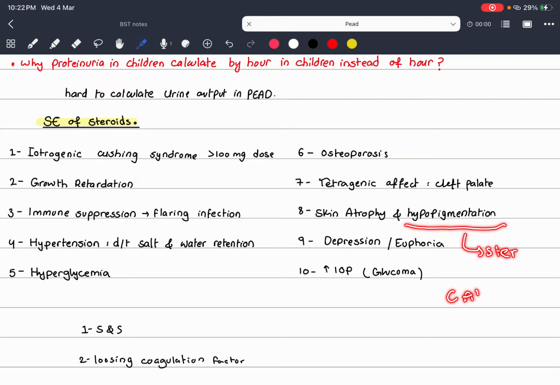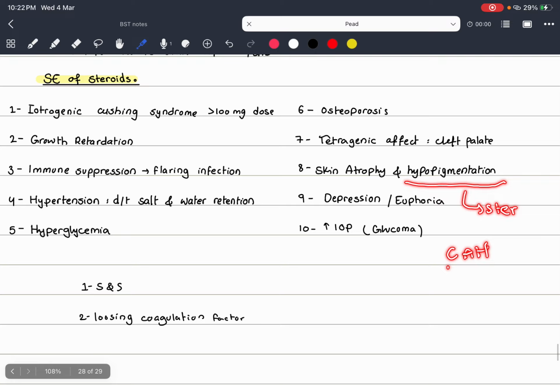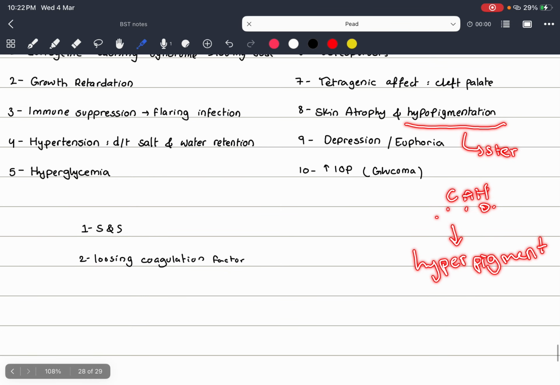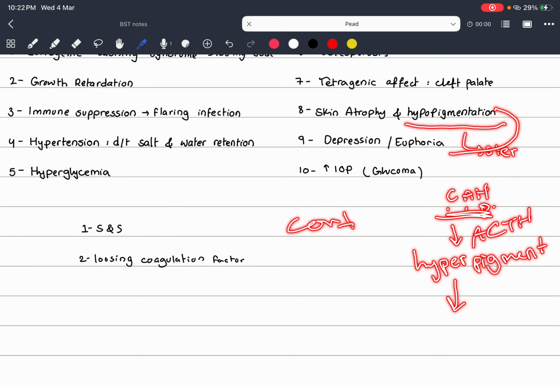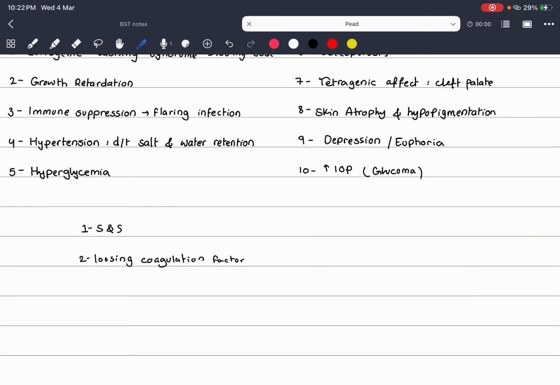A child may present with CAH, congenital adrenal hyperplasia, with symptoms showing hyperpigmentation, because his ACTH is very high. The patient might have depression or euphoria, it fluctuates. And we are scared of glaucoma because of increased intraocular pressure.